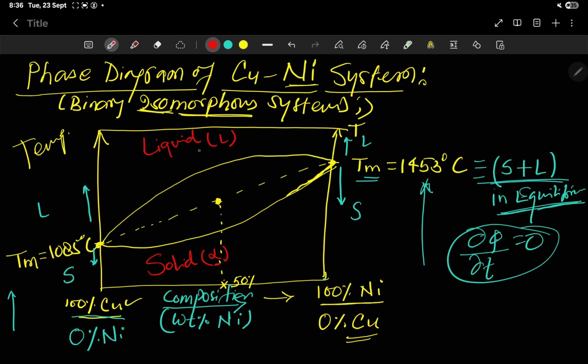If this is liquid and this is solid, can you imagine that this will be alpha plus liquid, right? So the boundary line between liquid and this zone is called mushy zone. So here we have alpha plus L, and we write it as two phase mushy region.